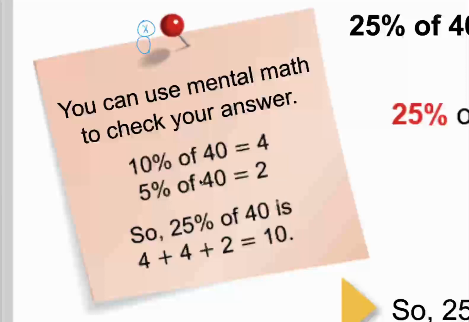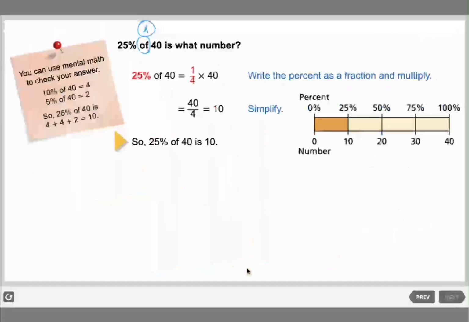So 5% of 40 is half of this 4, so it's 2. Now, let's put them together: 10, 10, and 5 to make 25. So 10% plus 10% plus 5%. 4 plus 4 plus 2 equals 10. So this is one way that we can use to check our answer.